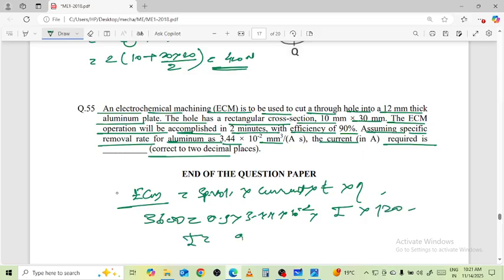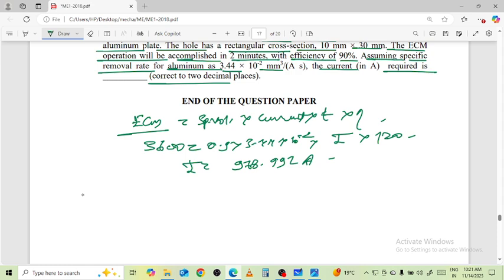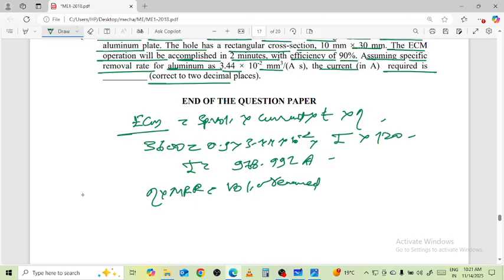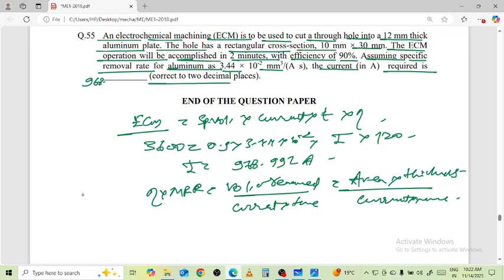So the value of current is 968.992 ampere, and efficiency into material volume removed by current in time, which is area multiplied by the thickness of the metal. So here the answer is 969.9.